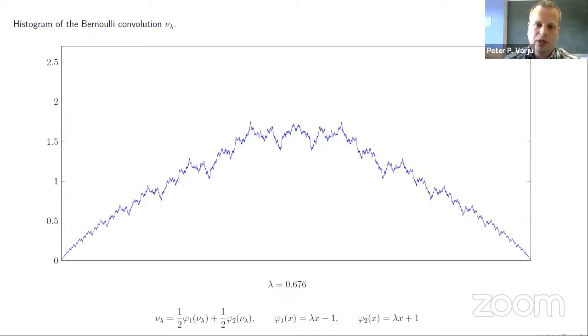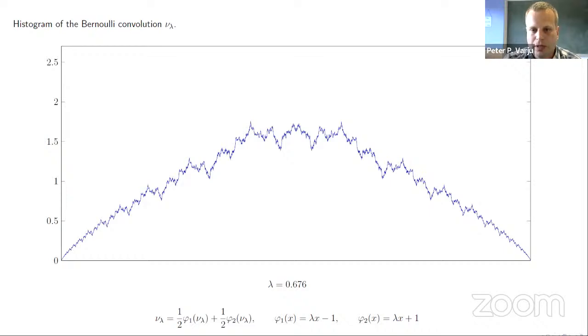And I computed the measure of each of those intervals, and then normalized it so that it has average 1 on the whole interval, and this is what I plotted. So we actually don't know if this measure is absolutely continuous, but if it is, then the graph that you see here is some approximation of its density.